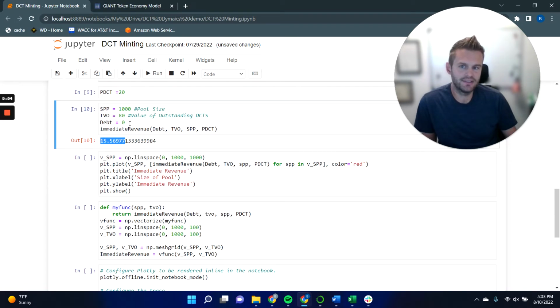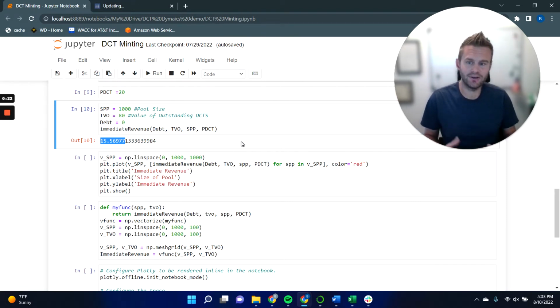So out of that $20 DCT sale, 15.57 of the value goes to the provider immediately, which means the remainder, $1.5, is held for the pool yield, $1.5 is held for the protocol fee, and the rest is held in escrow as a protection against future refunds.